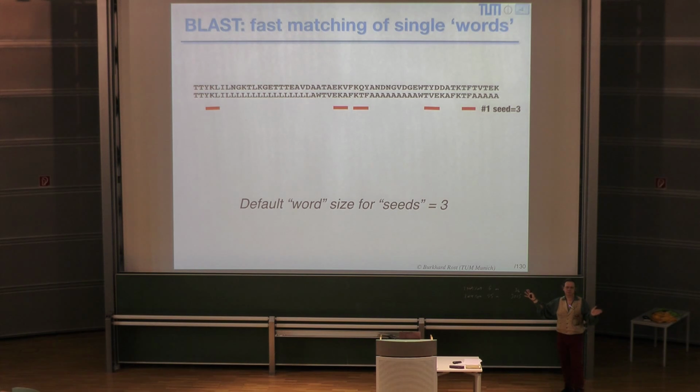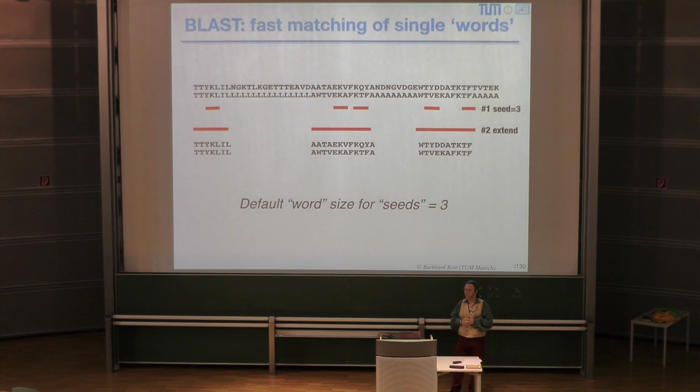Now what next? So in this particular example, I would give you that. Okay, that's already the answer. Sorry, I saw my slide incorrectly. So in the next step, you try to extend this first match in either of those 2 directions.